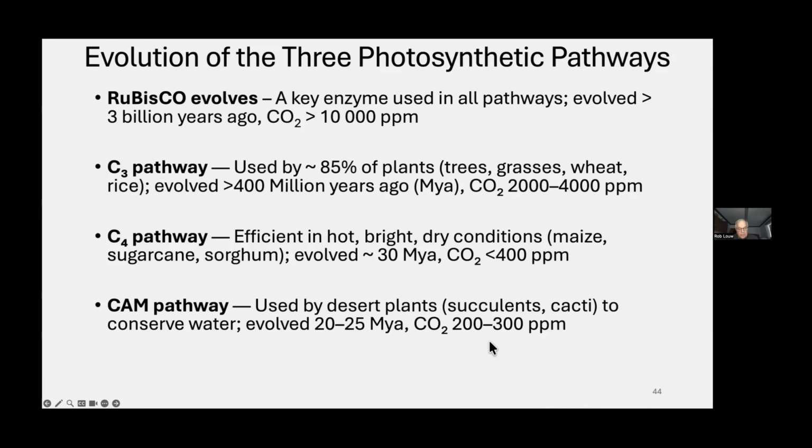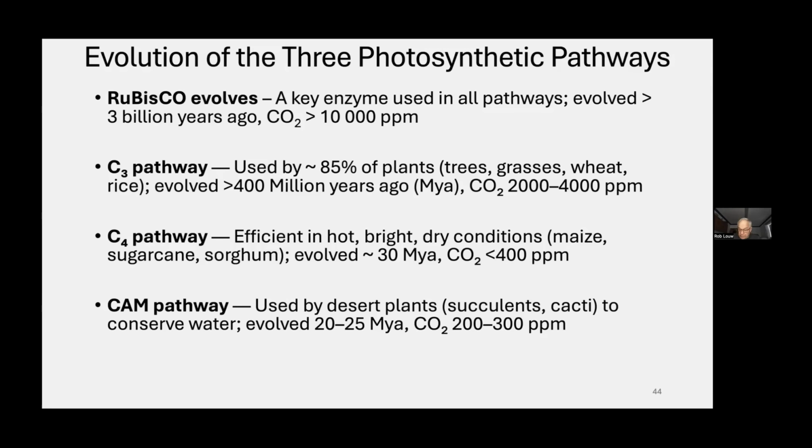And if you recall from the previous slides I showed you, when carbon dioxide levels are low, the leaf stomata count is high, and when the stomata count is high, the plant loses a lot of water due to evaporation. And in arid conditions where water is in short supply, that's the last thing that a plant needs.